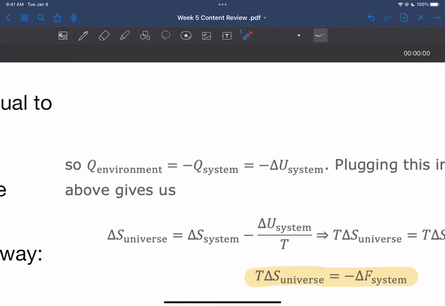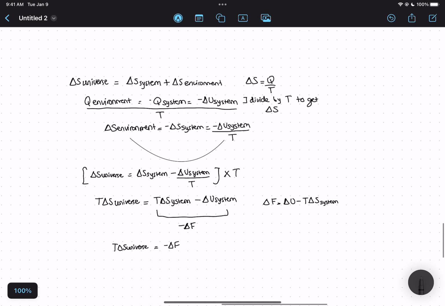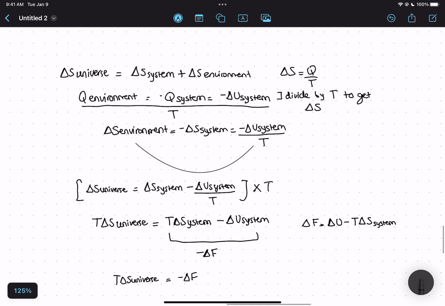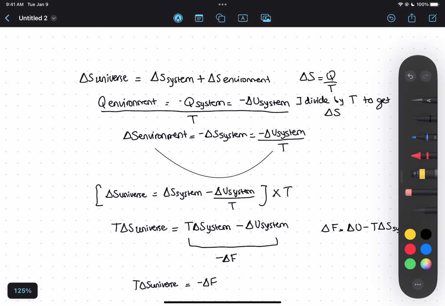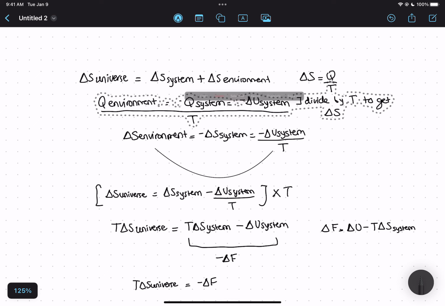Now, let me actually move on to what I had in this drawing here, right? So like I said, if we were to just simply divide by T for every single piece of that, right? Let me just kind of highlight what's going on here.